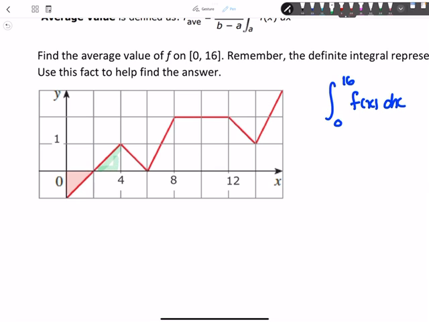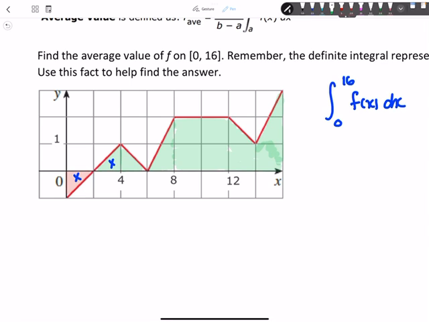But we see quickly, if we want to make it easy to calculate, that these two regions are going to cancel each other out. So let's continue to tally. We have this positive region here and this positive region here, and some more positive region over here and here. We want to go all the way to 16.